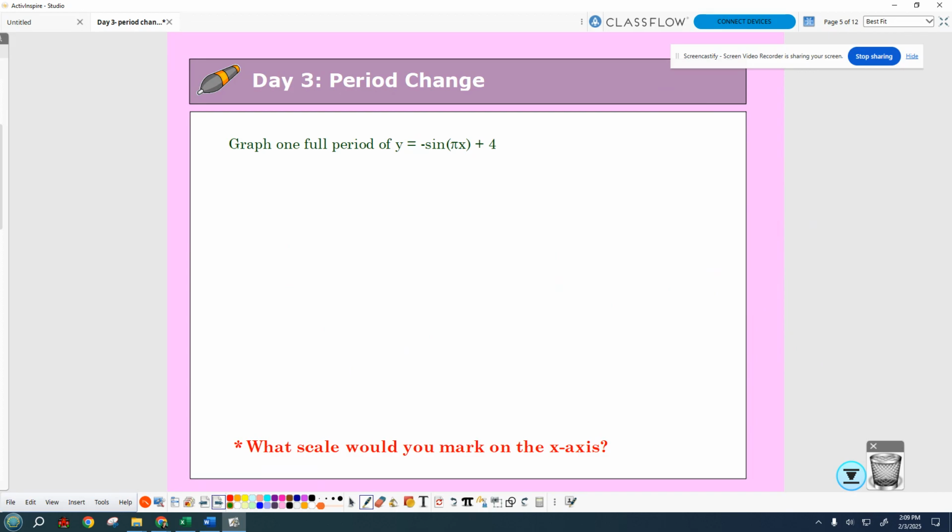Try graphing this one. Should be quick and easy.